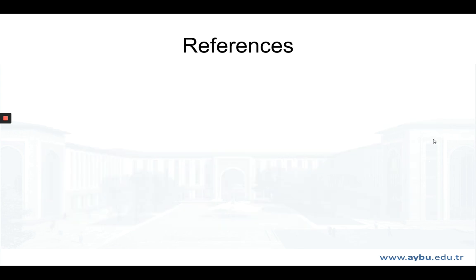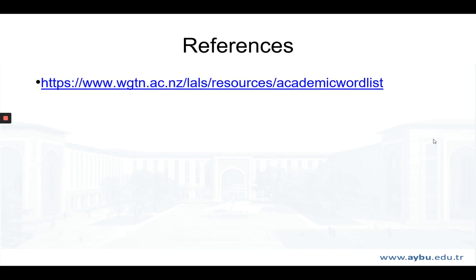Here are the references where you can find more information about academic word lists. This website provides information about the background of academic word list. Also, it provides the word lists and sublists to you, and there are some exercises inside it.